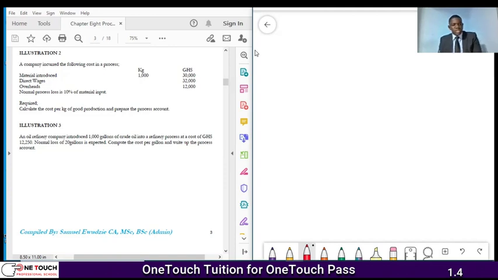Now, what are we to determine? Calculate the cost per kg of good production and prepare the process account. Here we are to determine the cost per kg of good production and prepare the process account. So let's look at how this will be done.